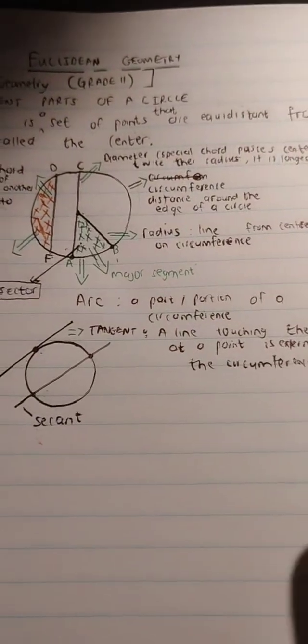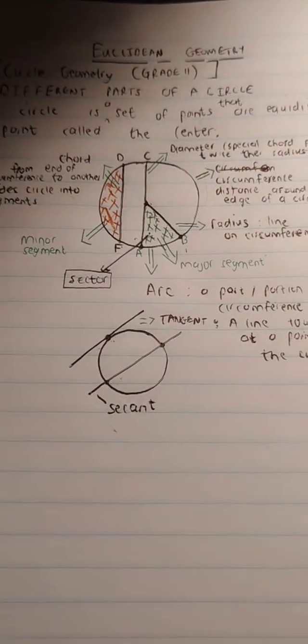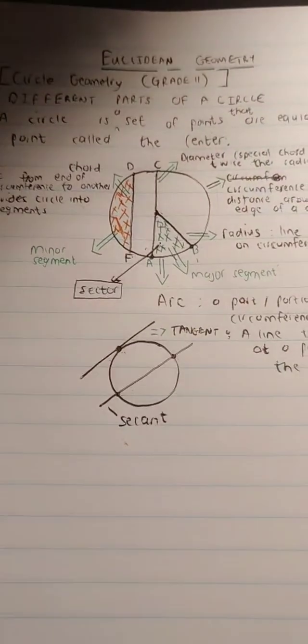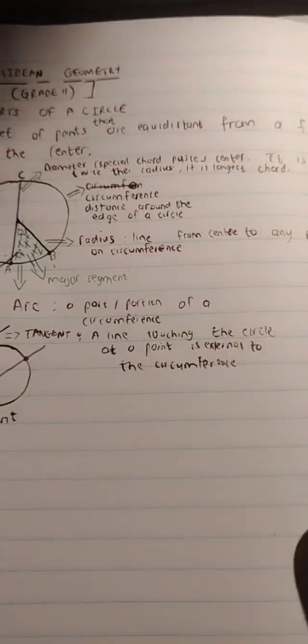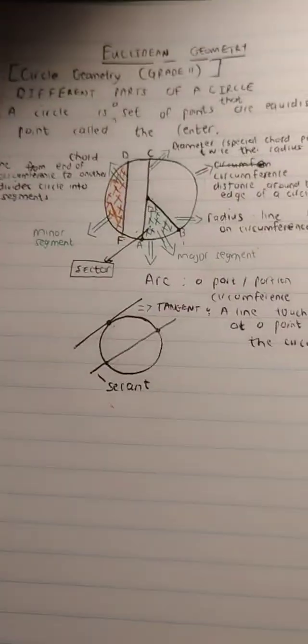When we understand these things, it lays a very good foundation so that we can build on that knowledge into the individual theorems that you guys then get to learn in grade 11. So it's important to understand the basics.